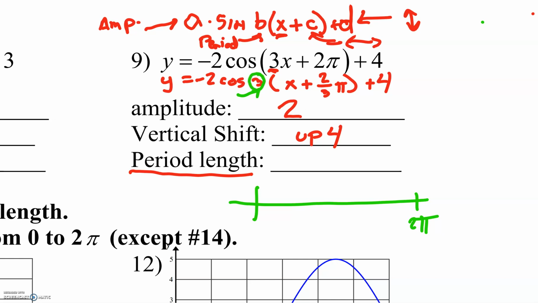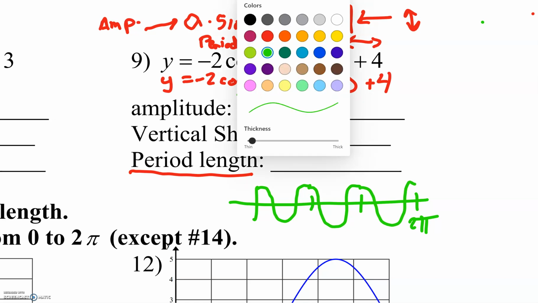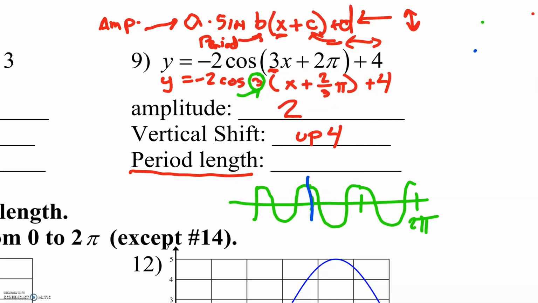So what I would do is break this up into thirds, and there would be one cosine graph there, another one there, another one there. There'd be 3 of them. And what we're trying to find out is the length of just one of them. How long is just one of those? Again, that 3 means that there's 3 of those graphs inside of 2 pi.